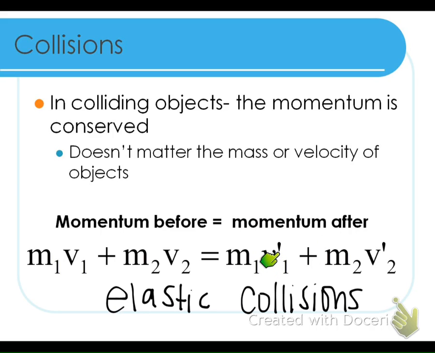That's what this prime means right here. It's a little apostrophe called a prime. This means after the collision, and this means the momentum of the second object after the collision. So that's what that little apostrophe means. It means after the collision.